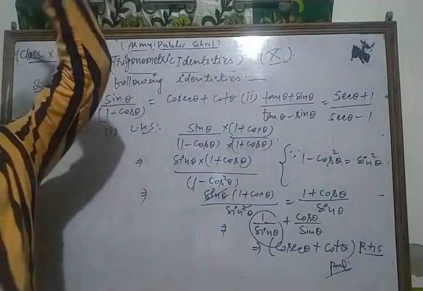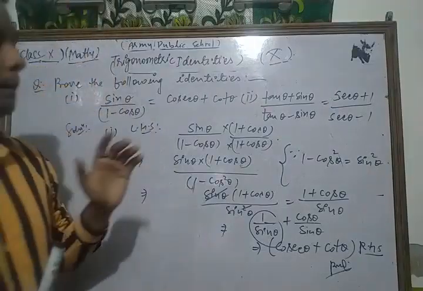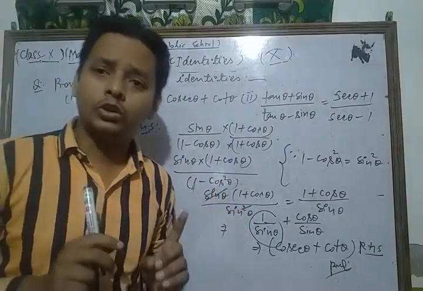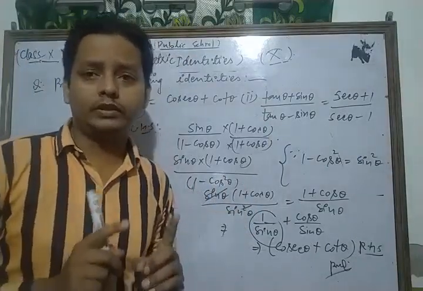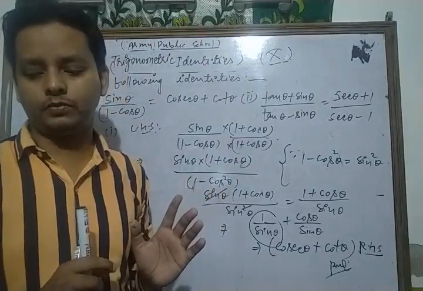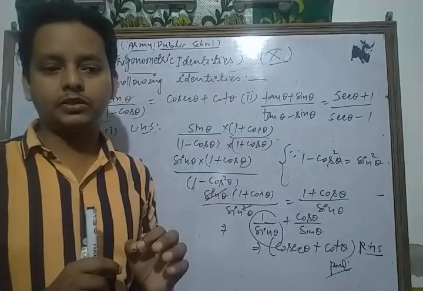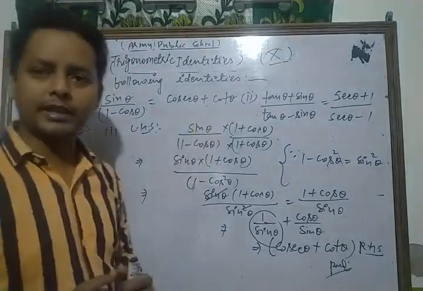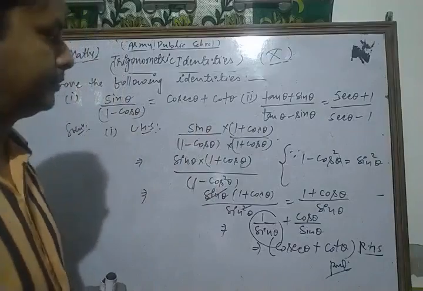So please do more and more practice of that type of questions. After that, you can solve each and every question of your NCERT exercise based on these topics. Now, similarly, we take and solve the second part of these questions. Let's see.